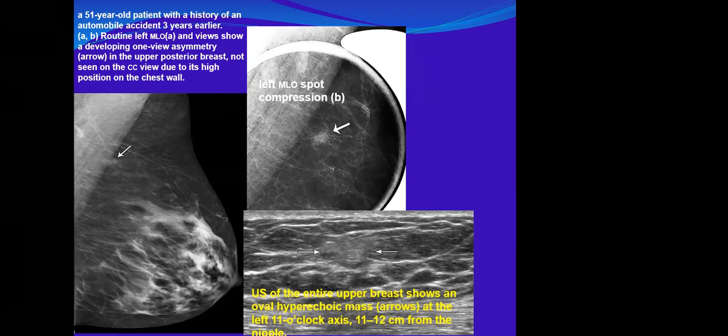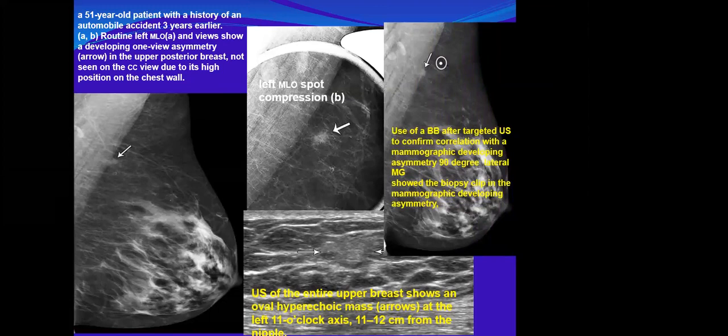History and appearance suggest fat necrosis, but I will go for biopsy, either follow-up or biopsy, since it is not very typical, or I'll go for MRI to confirm that it contains fat. But I think they had done biopsy after targeted ultrasound to confirm correlation with the mammographic asymmetry; the 90-degree view showed the biopsy clip.